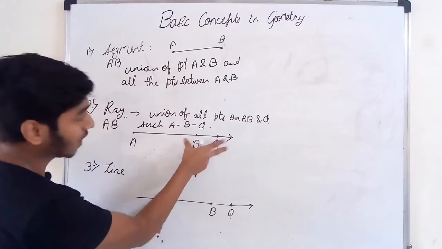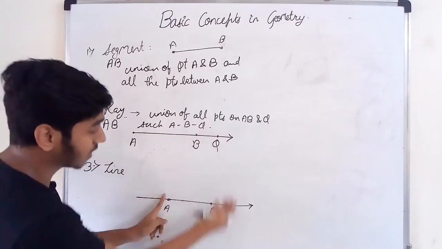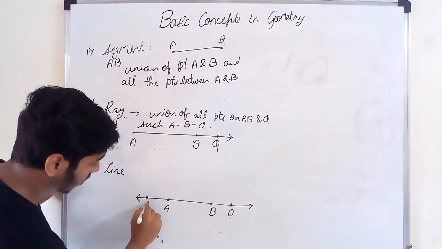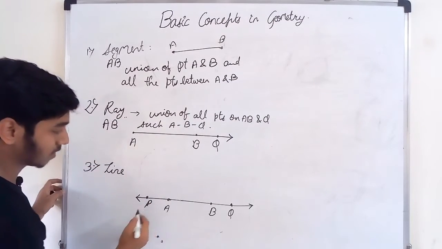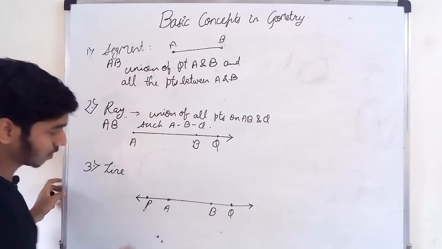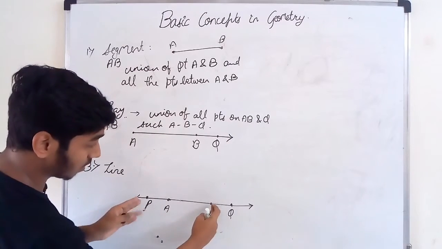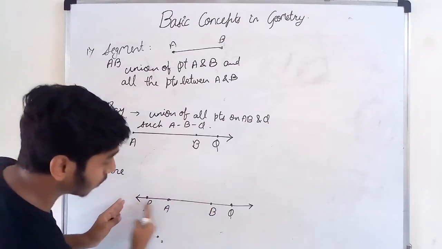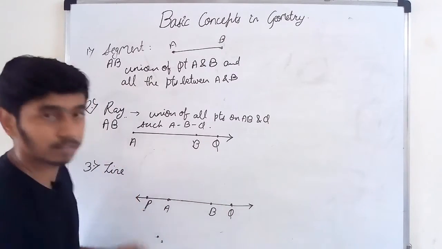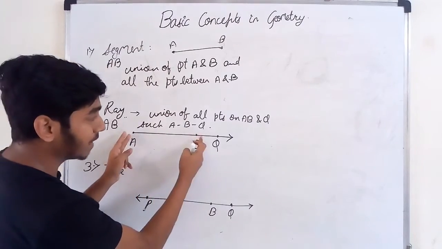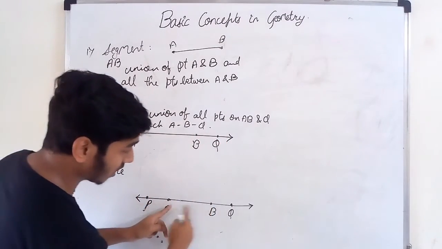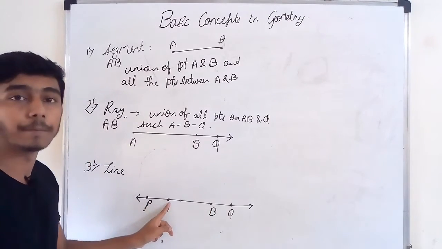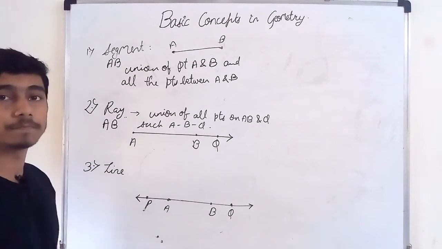Now if I draw this ray on the opposite side also, it becomes something like this, with point P. Here AB is the ray, and from this side BA is the ray.